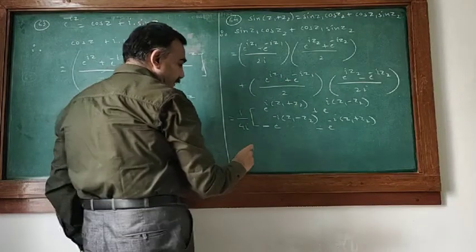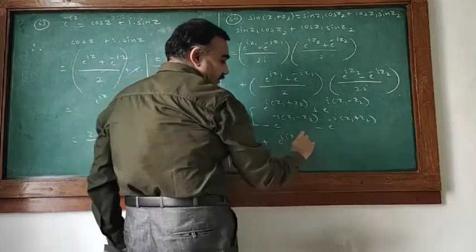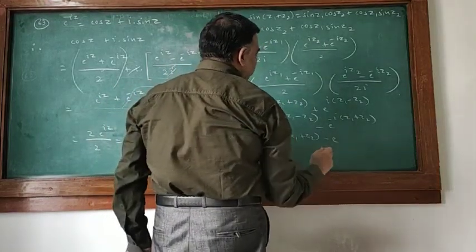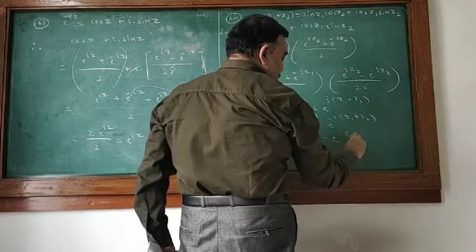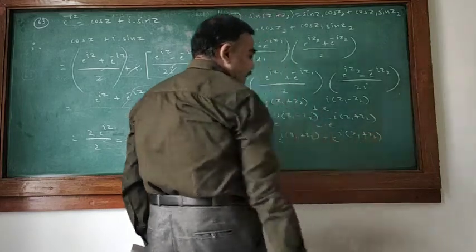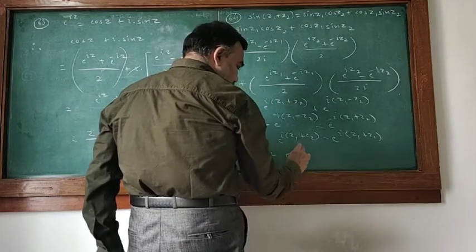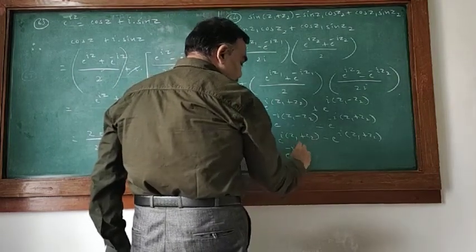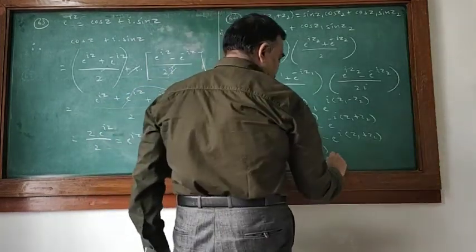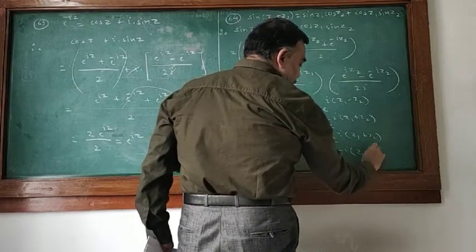Now we simplify the second bracket: plus e raised to i(z1 plus z2), minus e raised to i(z1 minus z2), plus e raised to minus i(z1 minus z2), minus e raised to minus i(z1 plus z2).